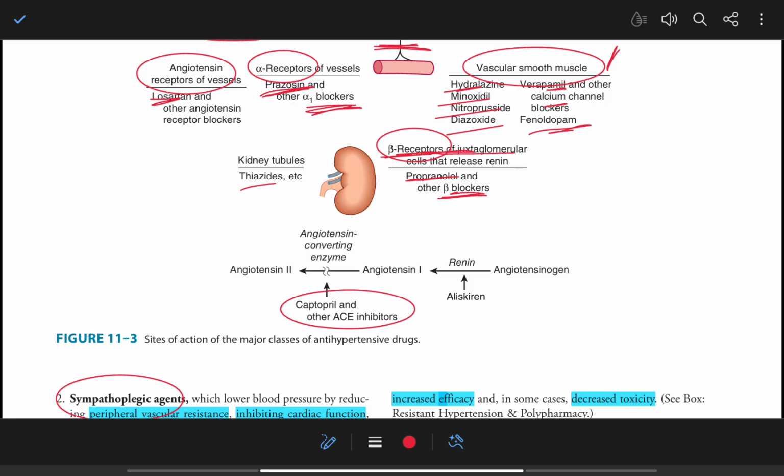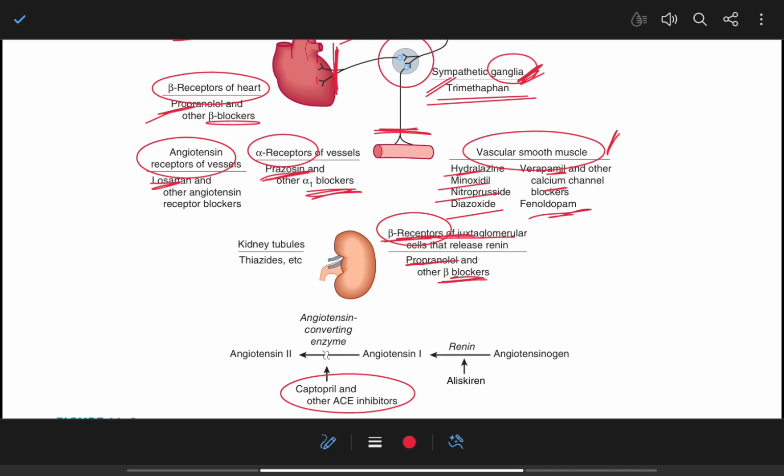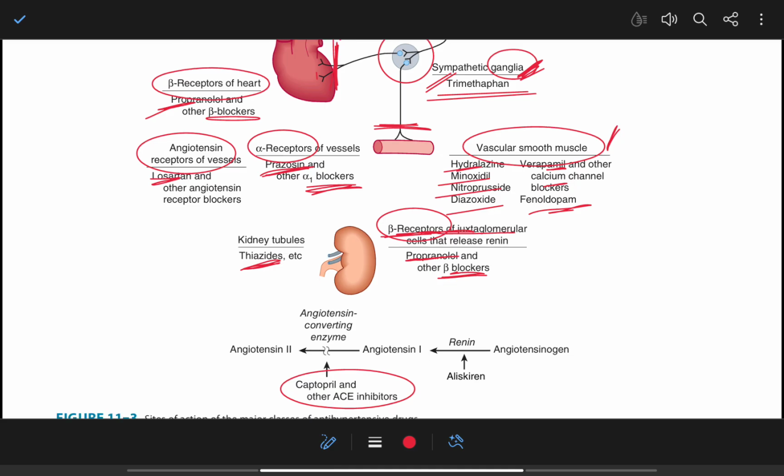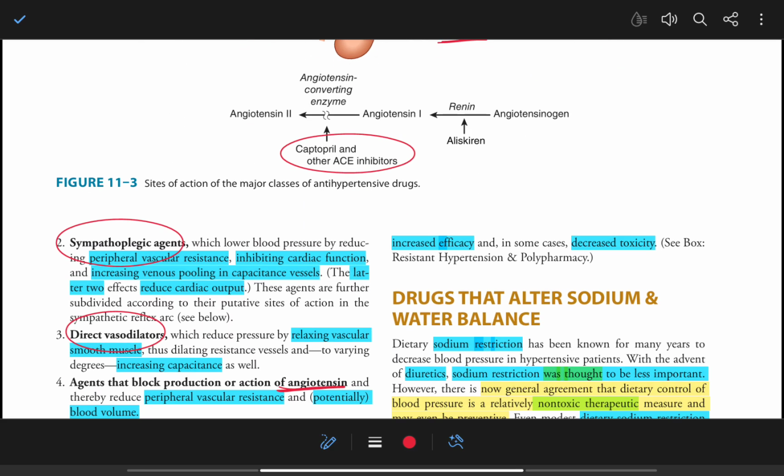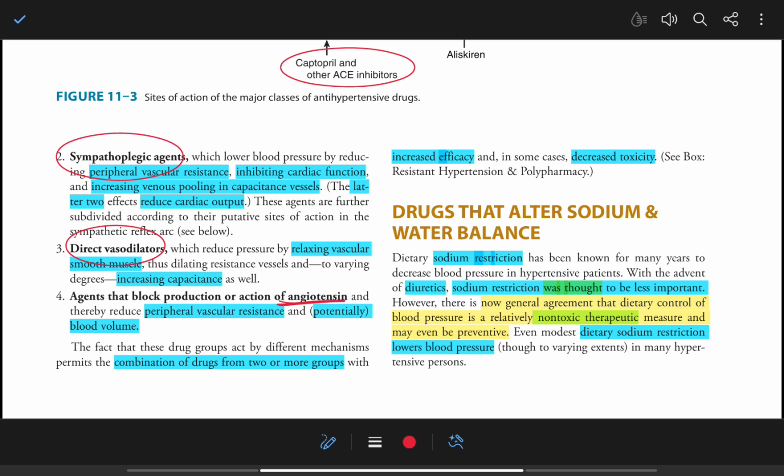The diuretics are your thiazides and others, for example, your loop diuretics and spironolactone. So with this, you can see that all the drugs you will encounter in the antihypertensive chapter work in this place. They are all in this diagram here, starting from sympathoplegic agents, diuretics, direct vasodilators, and agents that block the angiotensin pathway.